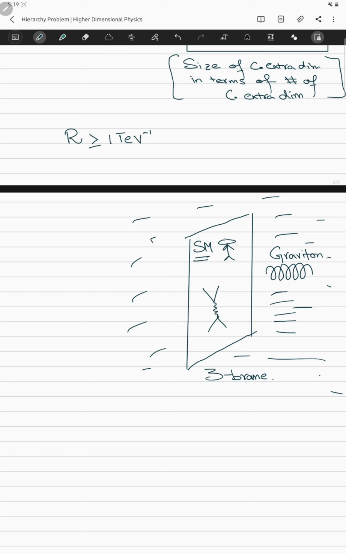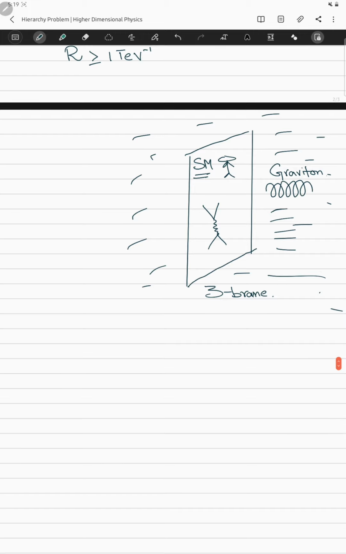So the statement here is that if there exist large extra dimensions, then the standard model fields must be localized on this 3-brane, which has a thickness of about 1 tera electron volt raised to power minus 1.